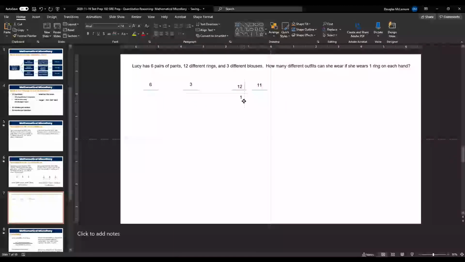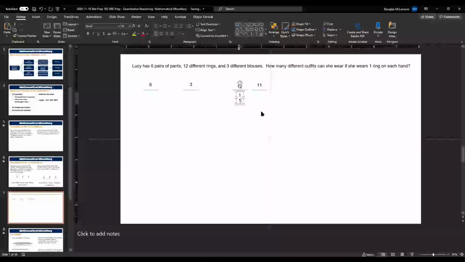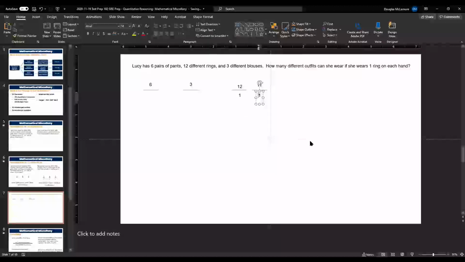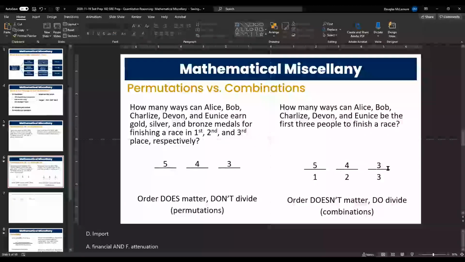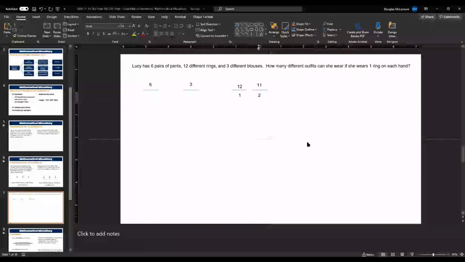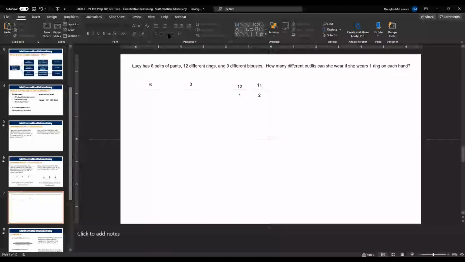And what am I going to divide the second slot by? Let's look at our previous example. What do we divide each slot by? The number of the slot. Yeah. So divide the next slot by 2. So what's my answer here? Is there anything that'll cancel out?